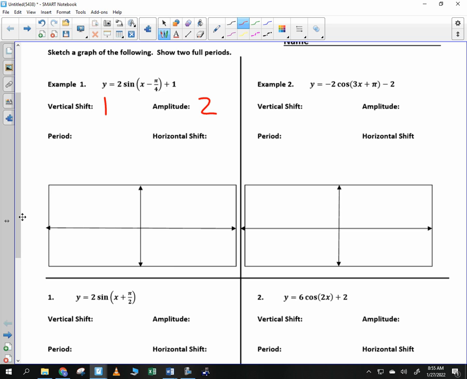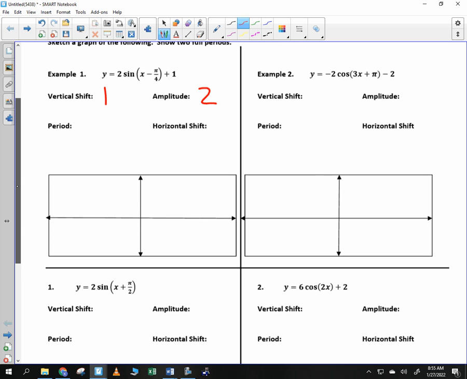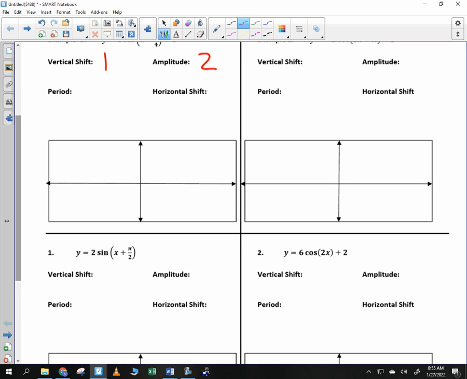Once I have those, I like to lay out the vertical structure of my graph. So if there's a vertical shift of 1, I put a mark at 1. I like to draw this imaginary line. If the amplitude is 2, how high will I go?